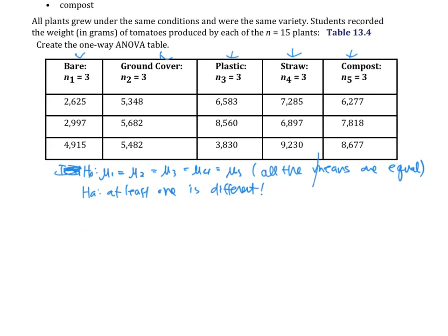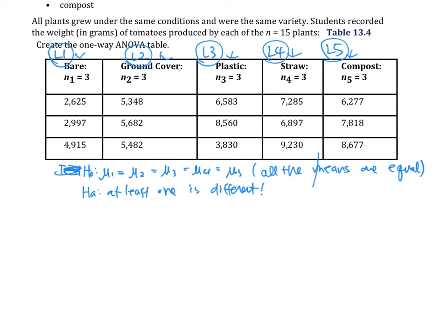So basically I'm going to put this as L1, this under L2, this under L3, L4, L5. So I have 5 different samples from 5 different populations. So I'll put it in there.